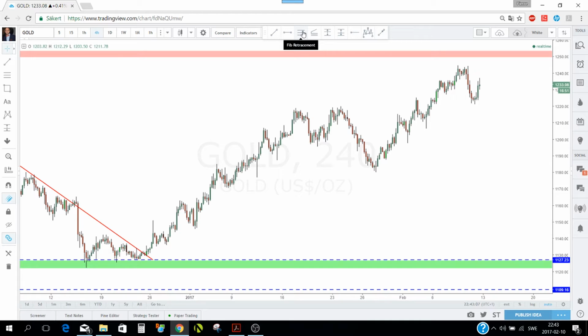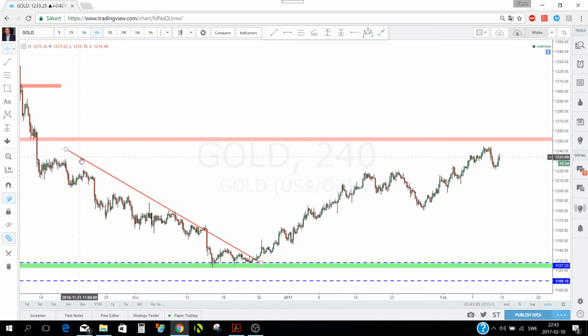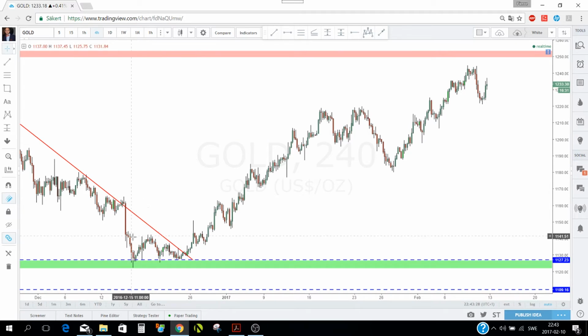The way you use it, as you see, I have this gold chart to show you how you use it to try to find an entry for a trending market. So on gold here, as you see, we were in this downtrend, and price found support and did this triple bottom-ish thing, and we broke the downtrend trend line, and from here we know that we maybe have a reversal.